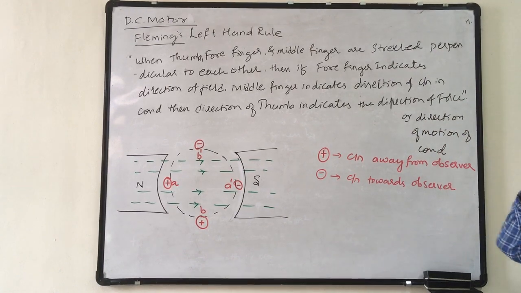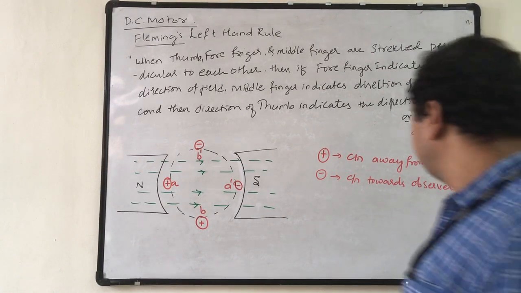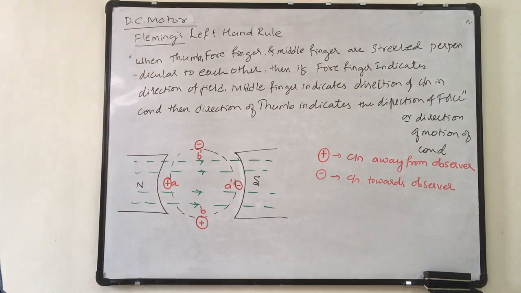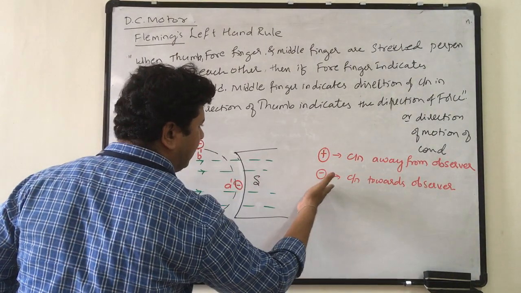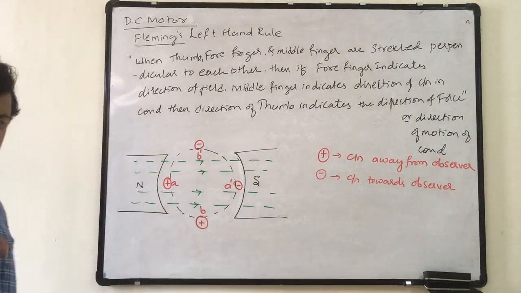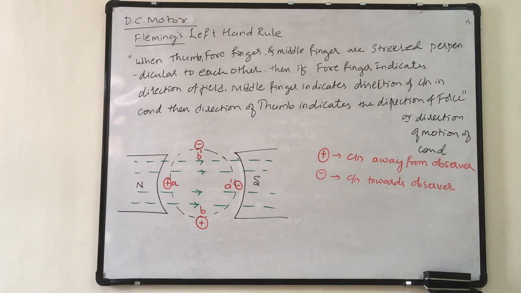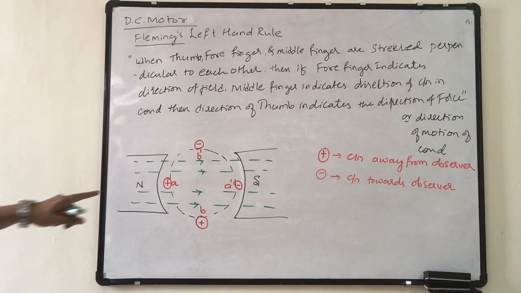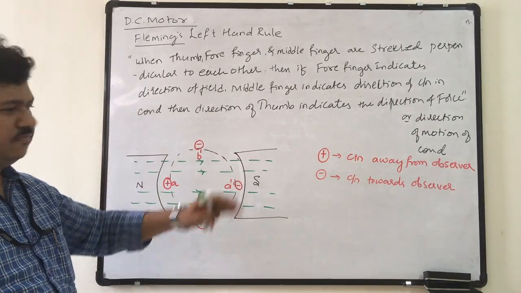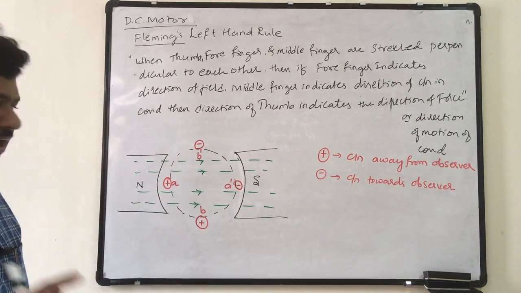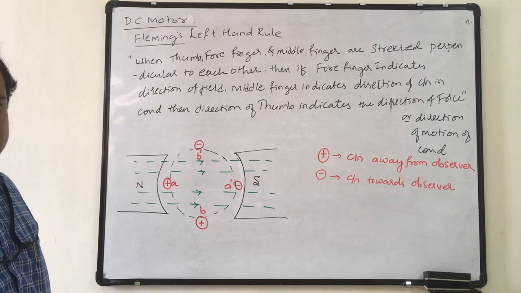Current away from observer is plus, minus is current towards observer. This is my convention. You can take current away from negative towards positive. There is no compulsion in that. Okay. So now I need to look into, as per this direction of current and as per the direction of the field, what is the direction of induced force.